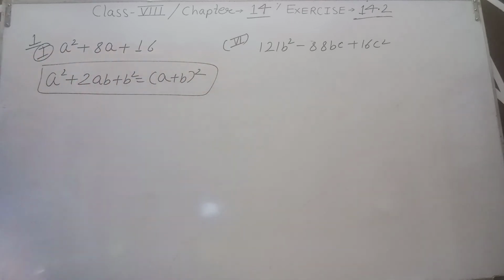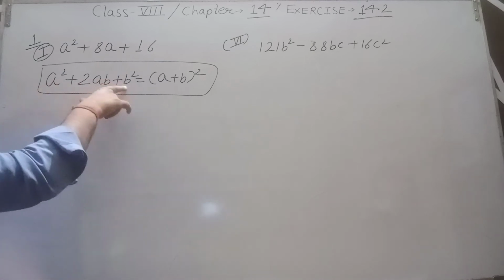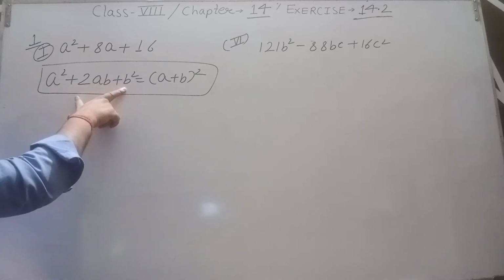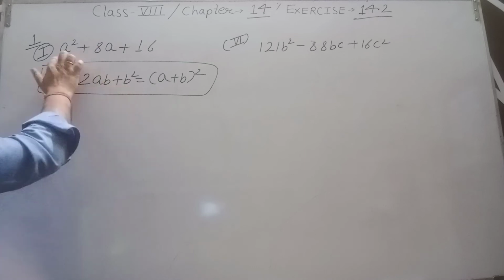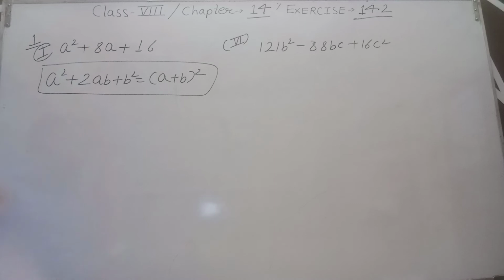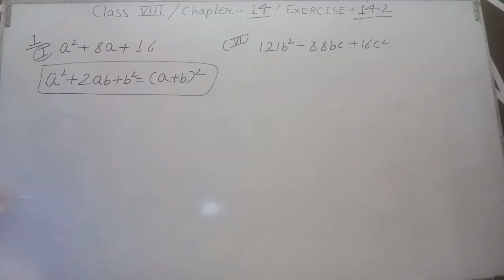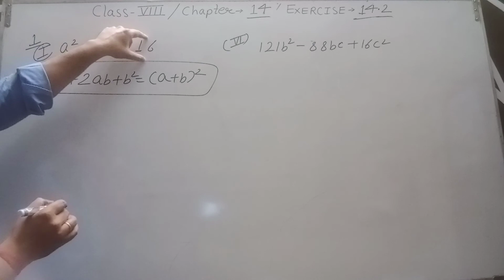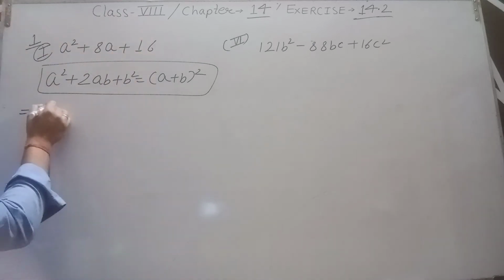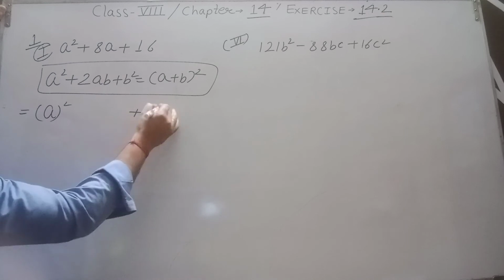But for this identity there must be two perfect square numbers, and we observe that in this algebraic expression a square is a perfect square and 16 is also a perfect square number because it is the square of 4. So we note down both numbers in the form of perfect squares. That means a square and 16 as 4 square.